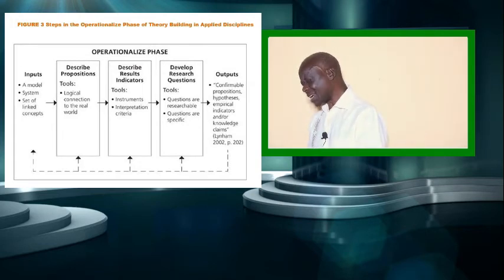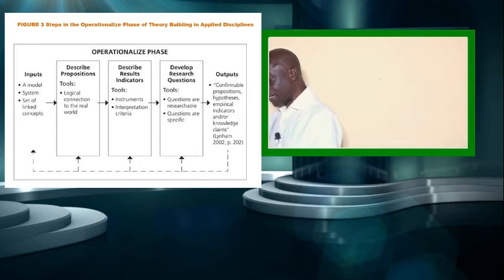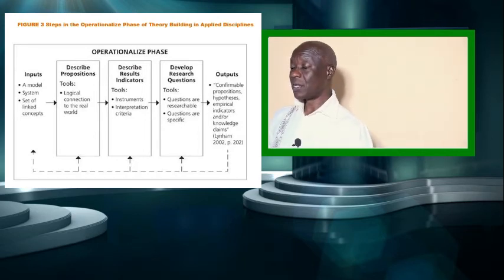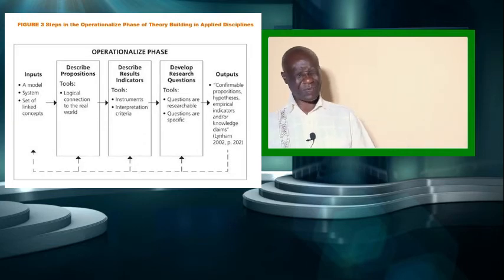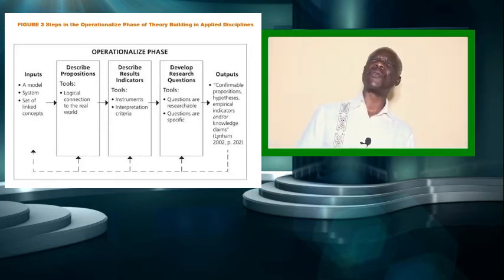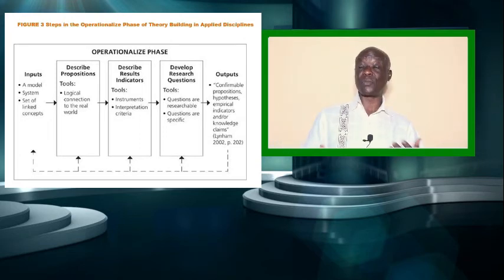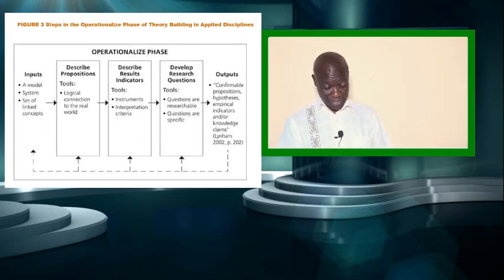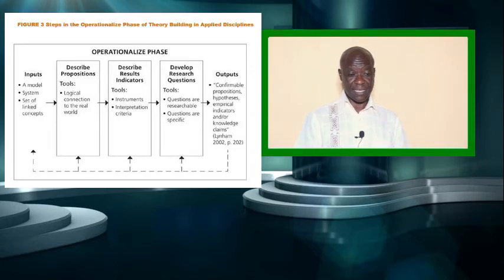And if you do not have those indicators, ladies and gentlemen, it's better you engage in what we call the theory building process. And once you do so, you'll be coming up with those particular ideas that will help you conceptualize and operationalize. Our concern here is operationalizing, being able to measure these things, ladies and gentlemen.